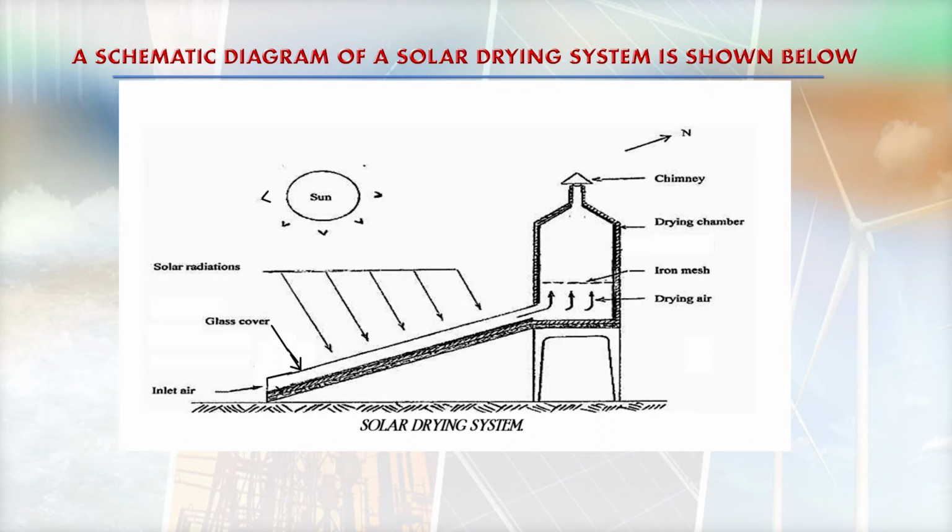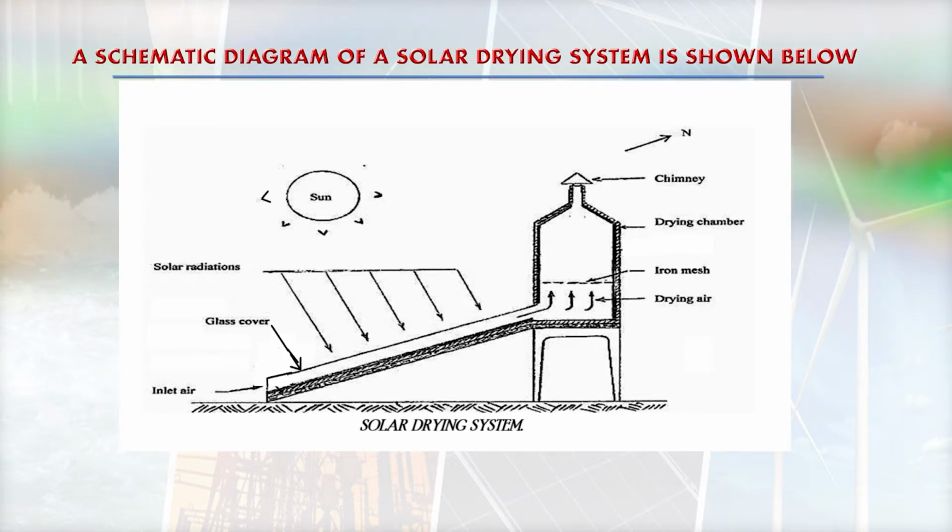That absorbed light is converted into heat or thermal energy, which heats up the ambient air or inlet air and is supplied to the drying chamber, where the product to be dried is kept.